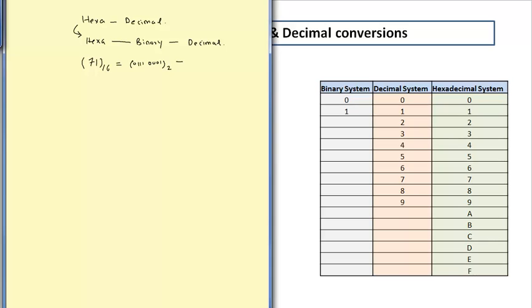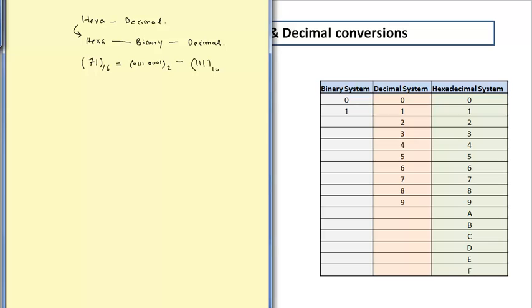I know this is 8 numbers. So we have the 128 bit off. So 64 plus 32 is 96, 96 plus 16 is 110. So basically this is 111 in decimal.